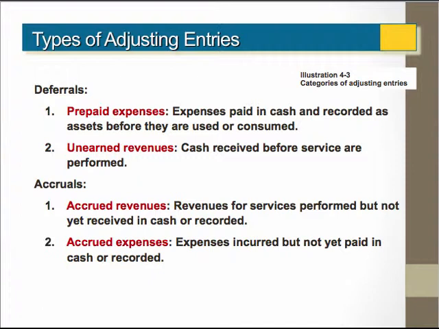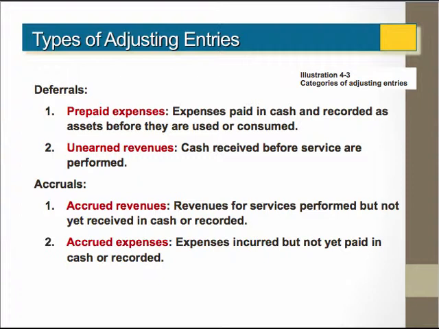An unearned revenue, a liability, is in the situation where we've now earned the revenue and we have to reduce the liability. On the accrual side, if we accrue a revenue, it means that we've earned the revenue but we have not received the cash yet from the customer. So we therefore need to make an adjusting entry to recognize an increase to the revenue account and an increase to the asset accounts receivable.